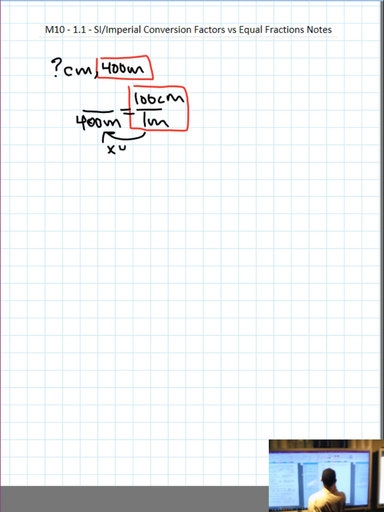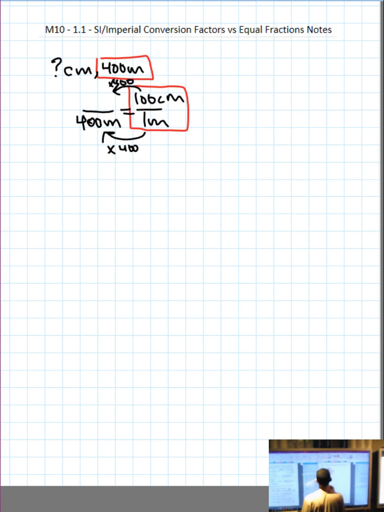Well, we times by 400. And if we do that to the bottom in that direction, we have to do that to the top in that direction. We times the bottom by 400, therefore we have to times the top by 400.